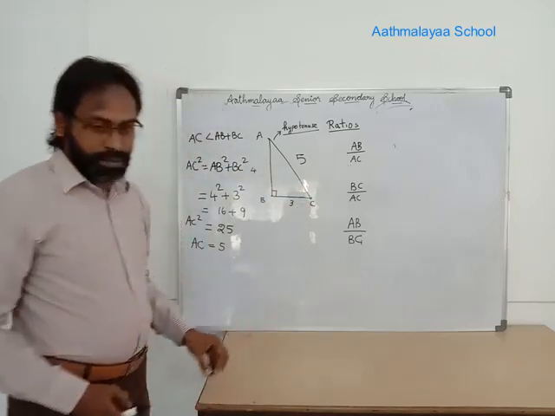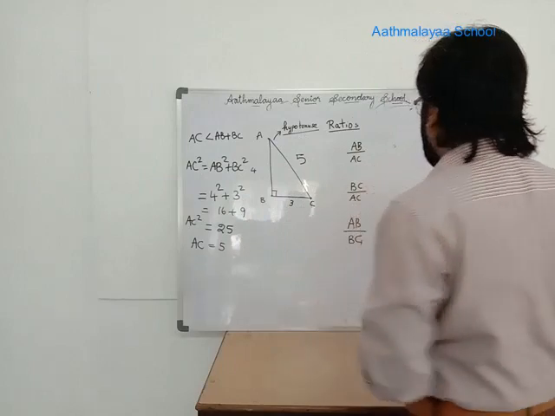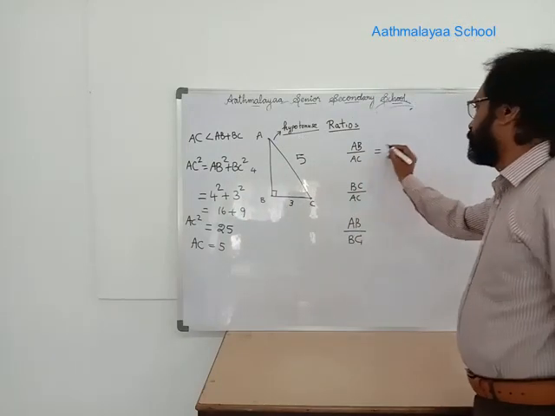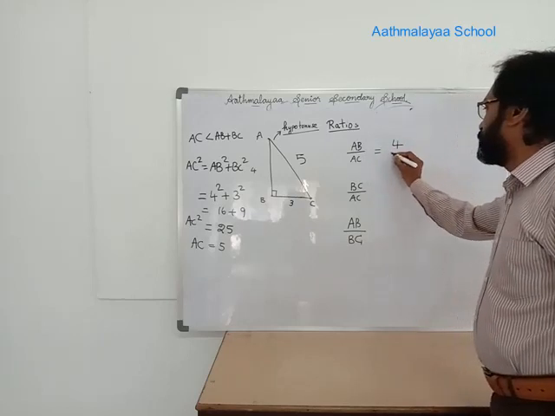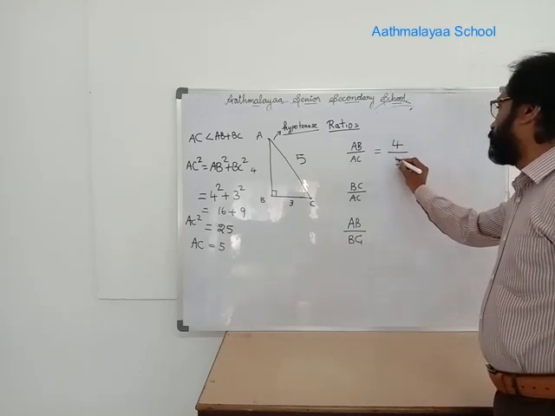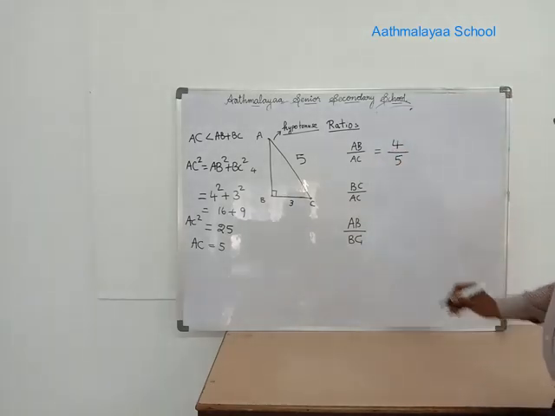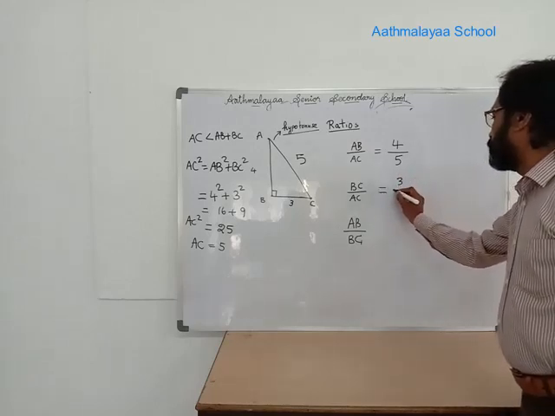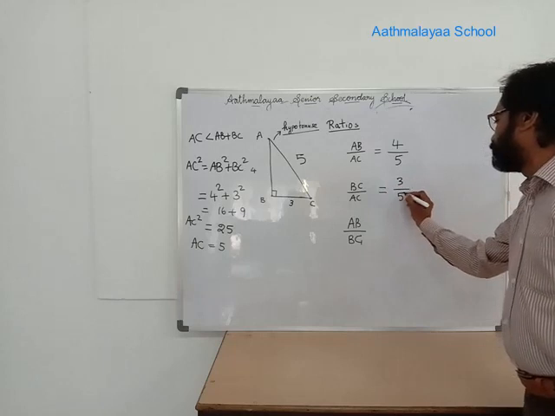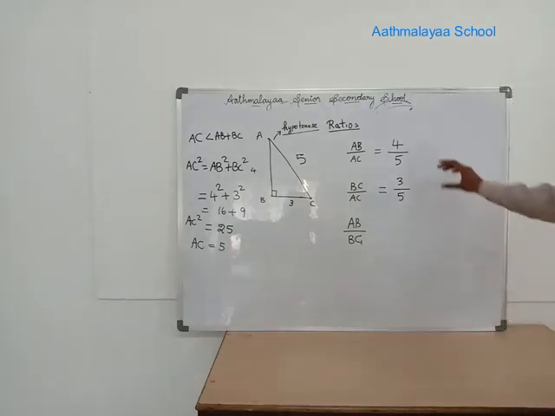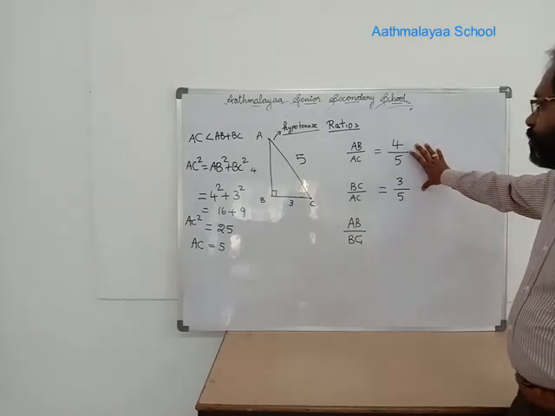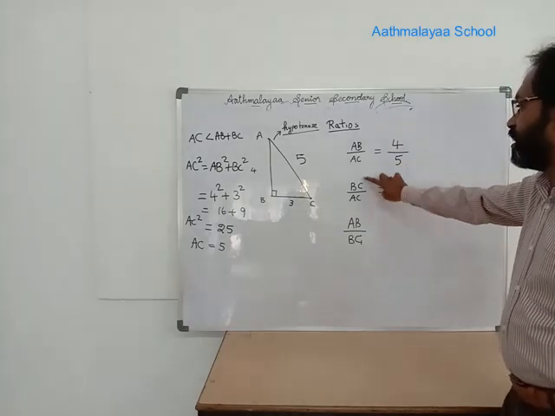Now if you see the values, what is AB? AB is 4 in our case and AC is 5. And BC is 3 and AC is 5. So I have written two ratios wherein you find AC in the denominator.